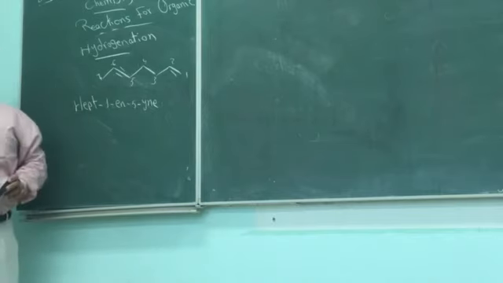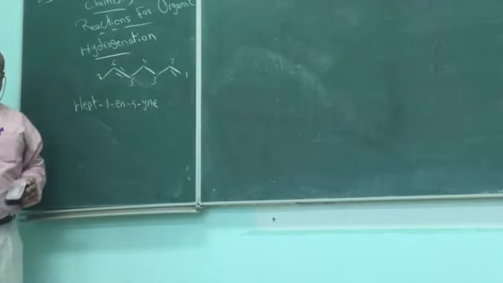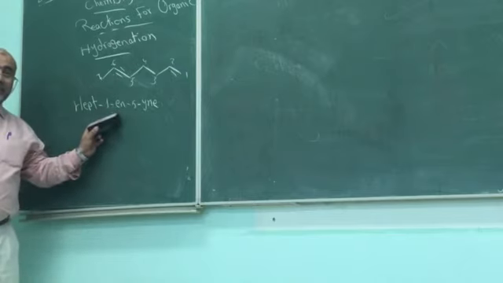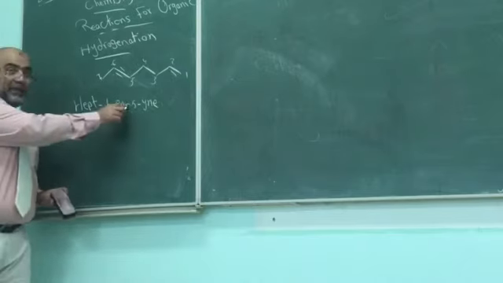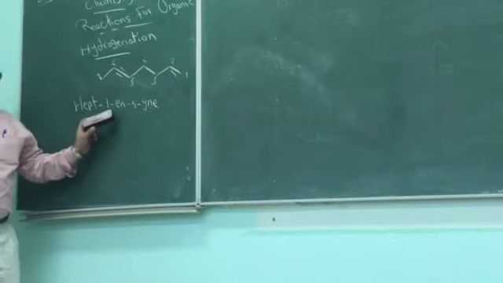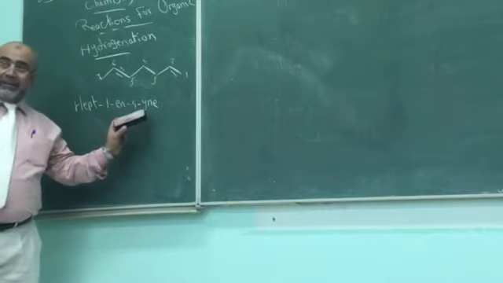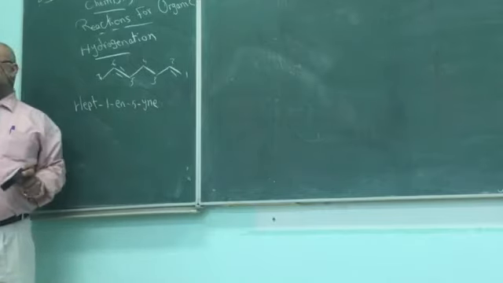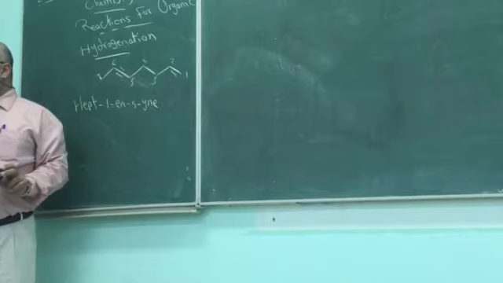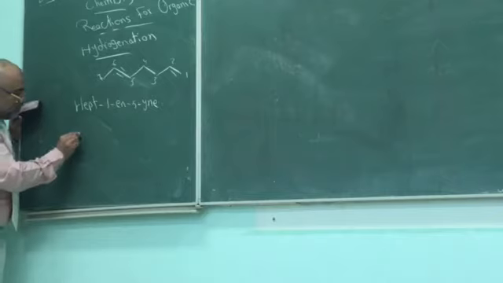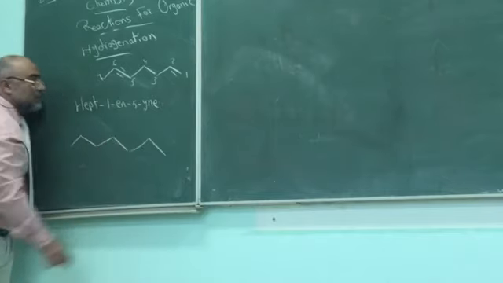Hept, number of carbon, 7. Then yne. Okay, we remove the E here, right? And don't forget, yne. Alkene, yes, double, right? Okay? Easy? Okay. Another one.